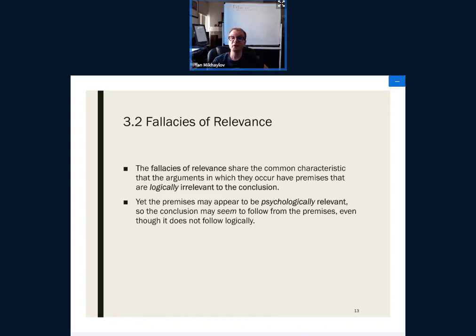Well, if it was completely irrelevant to the conclusion, then of course we would not even use it as an argument, right? If you have premises which have nothing to do with the conclusion, such as the sun is shining brightly, therefore you should vote for Biden in the next elections, now that would not be even an argument really, because the fact that the sun is shining brightly has absolutely nothing to do with the conclusion you are trying to draw.